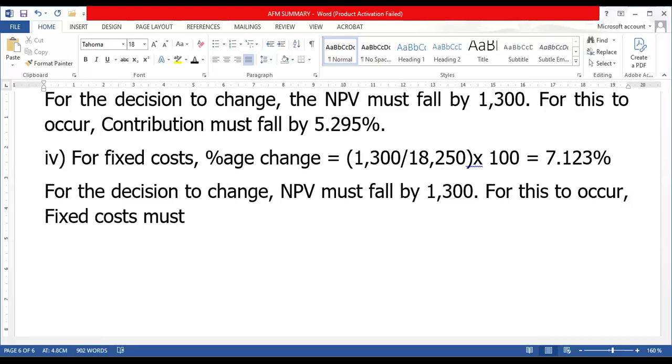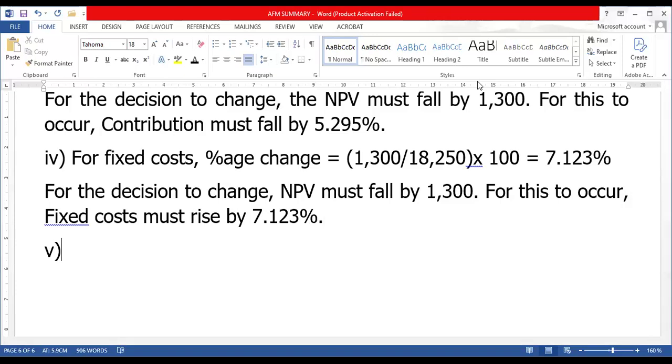Must increase, always by 7.123. Okay, that's it. Then last, is it the last one?